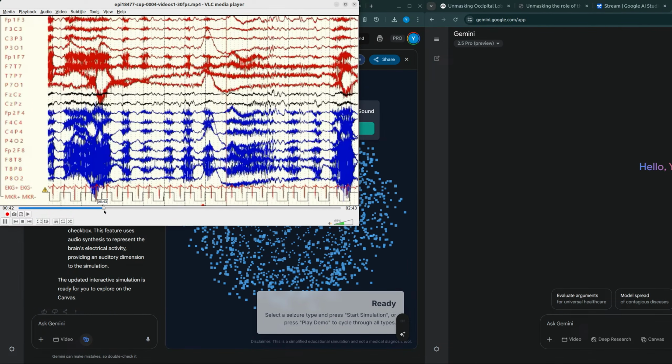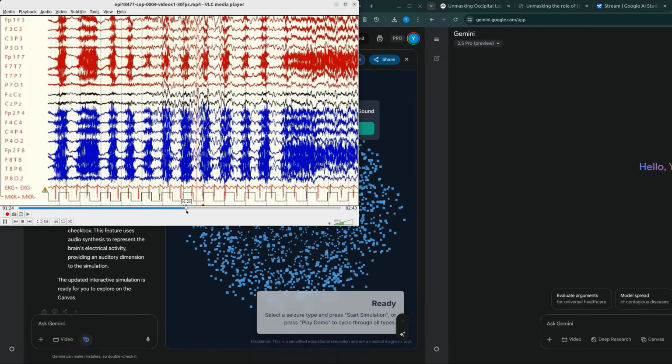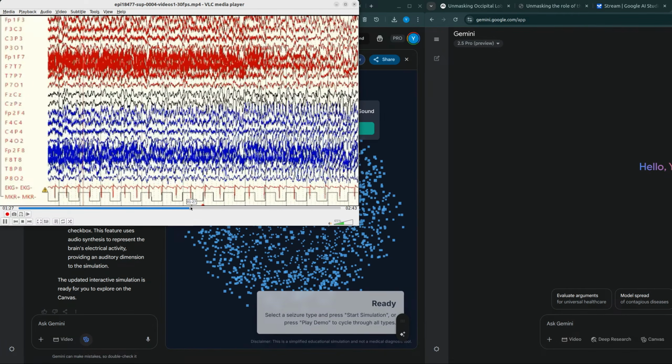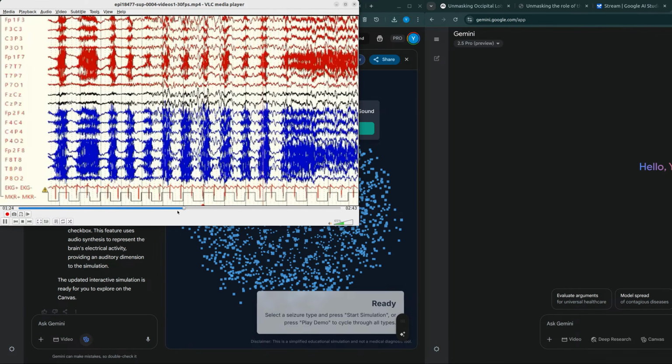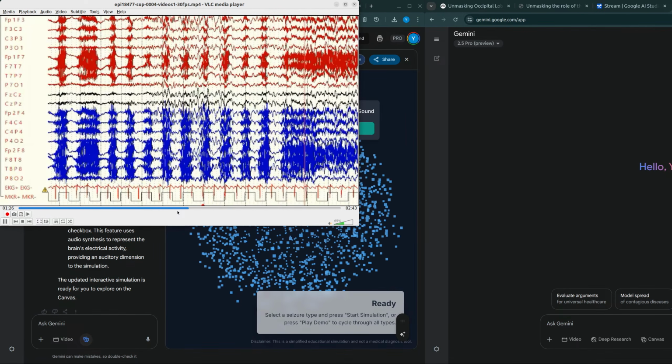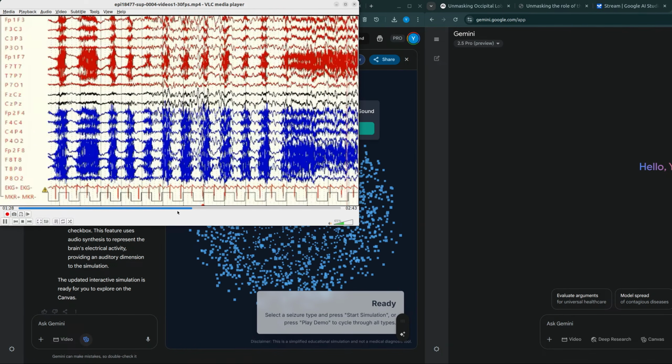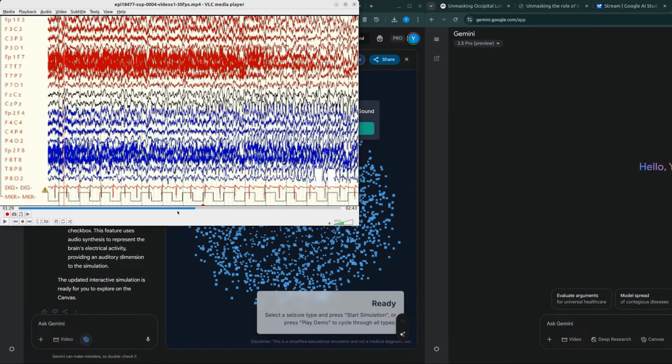Then we have some muscle, and then we have this one here. Should be fairly obvious what it is. Let's see if another model can get it right.